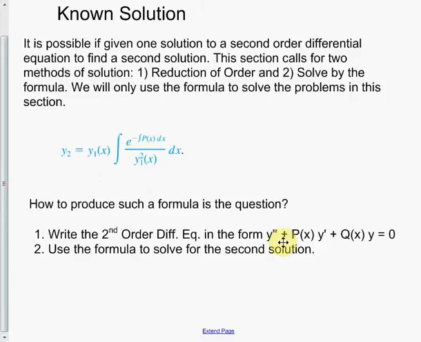We don't need, at this time, for this formula, Q of X, but we do need P of X, because P of X goes into the formula: the second solution is equal to the first solution times the integral of e to the negative integral of P of X dx. Kind of reminds you of that integrating factor, mu equal to e to the integral of P of X dx.